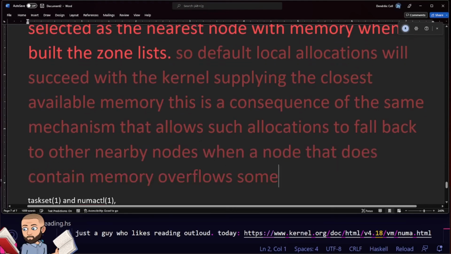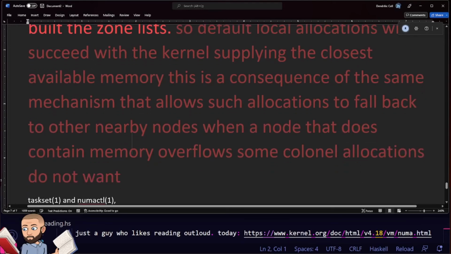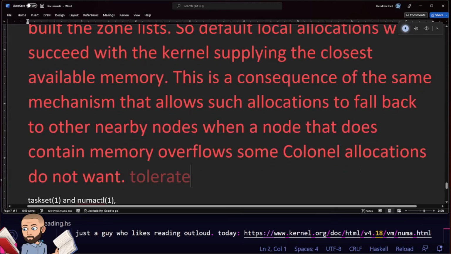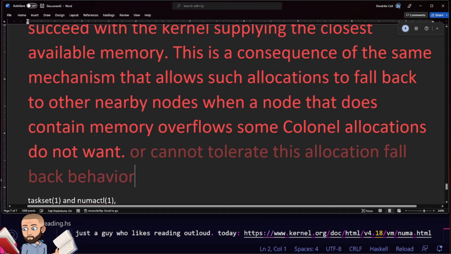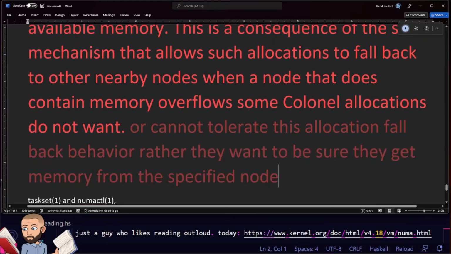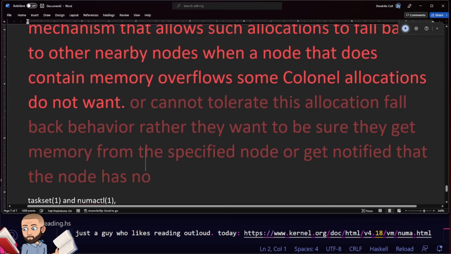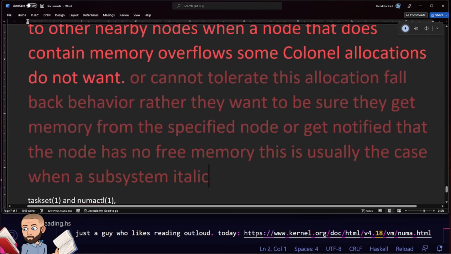Some kernel allocations do not want or cannot tolerate this allocation fallback behavior. Rather, they want to be sure they get memory from the specified node, or get notified that the node has no free memory. This is usually the case when a subsystem allocates per-CPU memory resources.